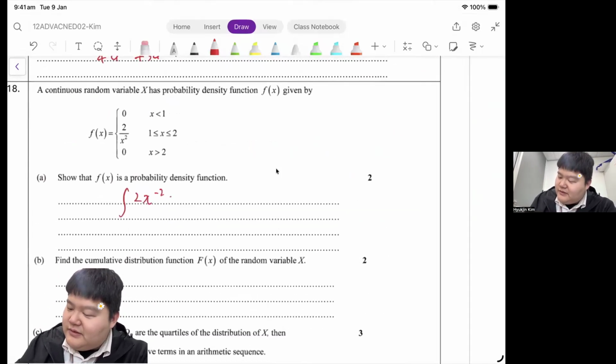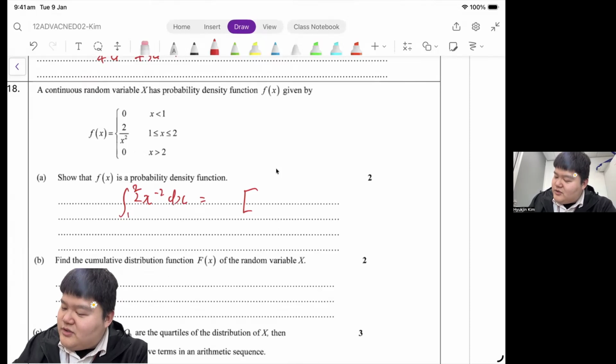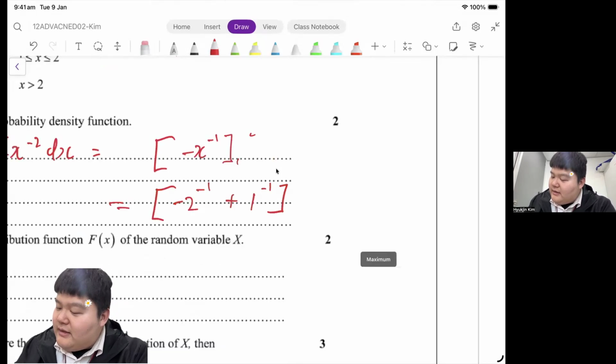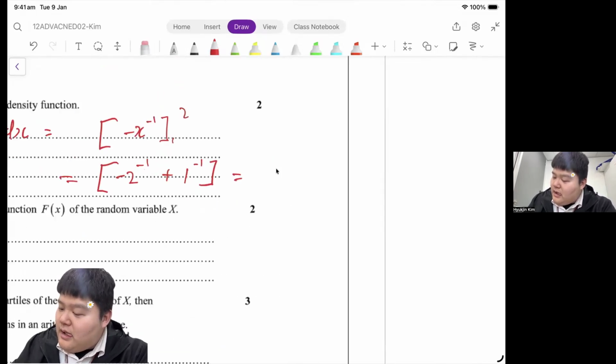Oops. Two minus plus x to the power of, oops, and plus, and that is, fairly sure something went wrong just now.